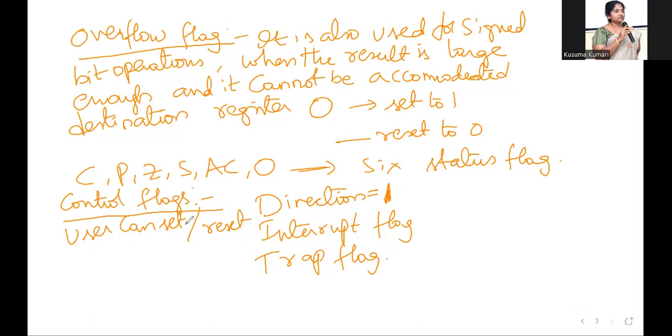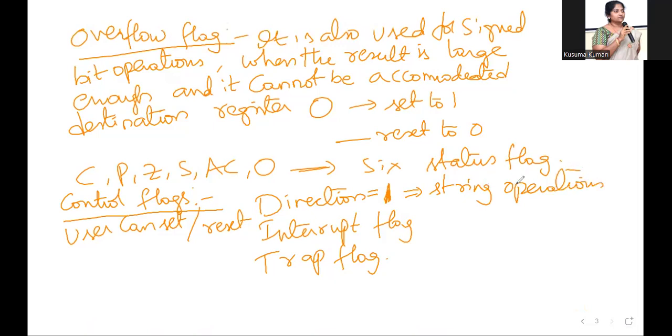If the user makes the direction flag 0, then another type of operation can be performed. The direction flag is particularly used for the string operations.